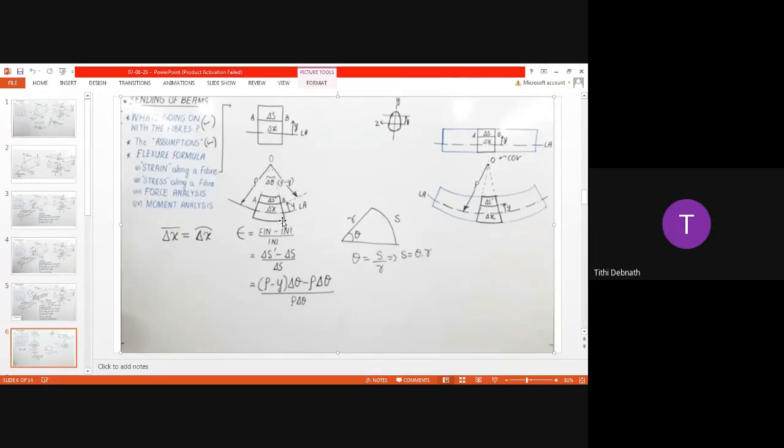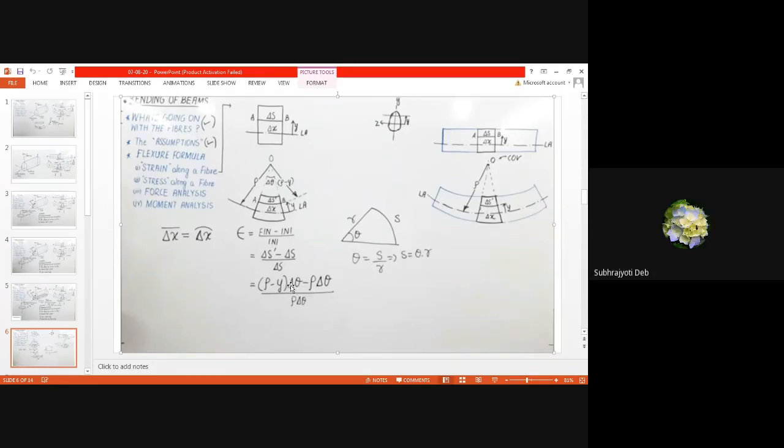See, this is del s dash, from a to b, and this is del s. So we are just using the formula s is equal to theta r to find out this value. See, this is the arc. What is the angle?